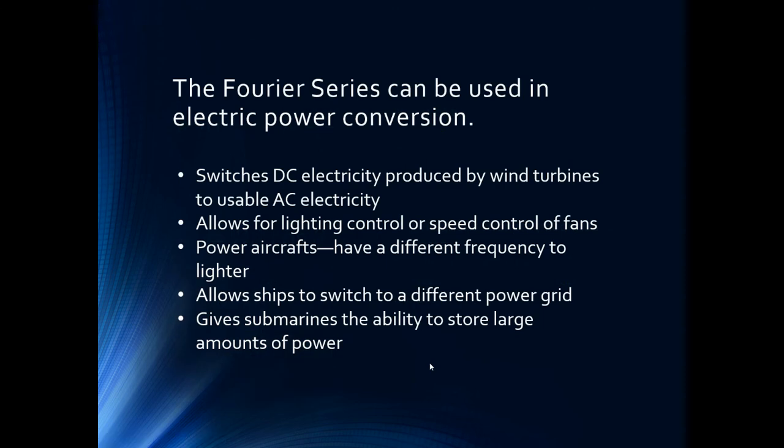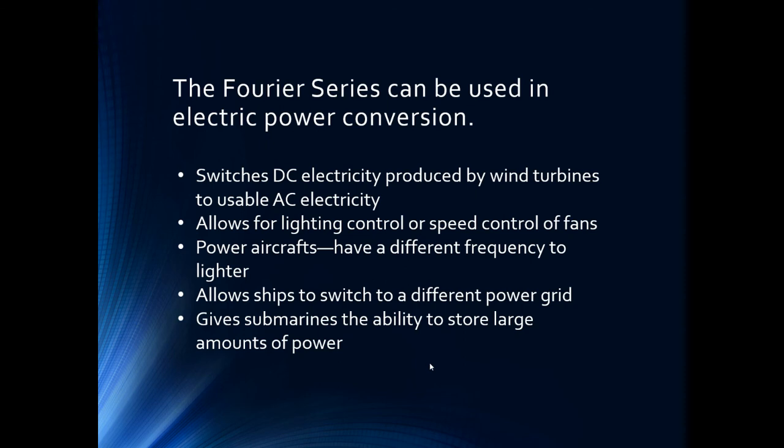The Fourier series can be used in electrical power conversion, and this is more in the realm of electrical engineering, and power conversion allows you to do all kinds of things. I just listed a few here. It switches DC electricity produced by wind turbines and sometimes solar power into usable AC electricity.